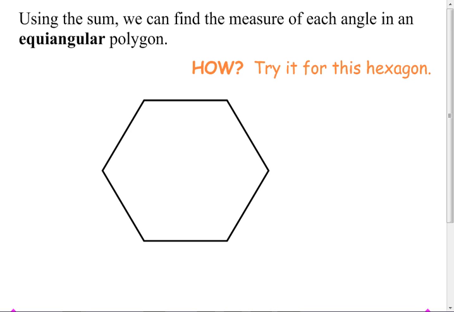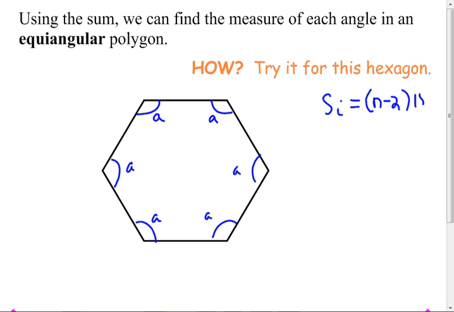So, since these are all congruent, what would you like to call them? A. Well, they're all the same measure. And do I know what they all have to add up to? Well, the sum of the interior angles is equal to n minus 2 times 180. You could always draw the hexagon and draw in the triangles, by the way. You don't necessarily have to know this. So it's 6 minus 2 times 180, which is what?